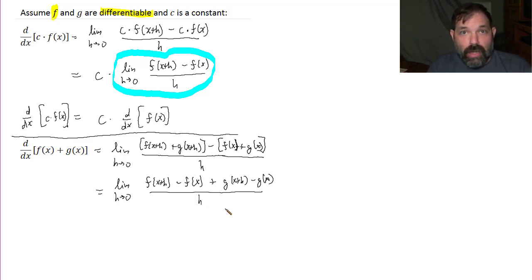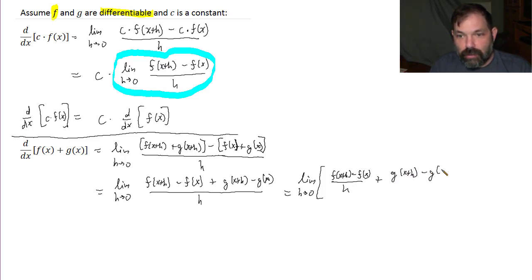And I can break up the terms. Since I have a denominator of h, I can break this up as the limit with h approaching 0 of f of x plus h minus f of x over h plus g of x plus h minus g of x over h. And we know from our rules for limits that we can then take that limit and break it up term-wise.